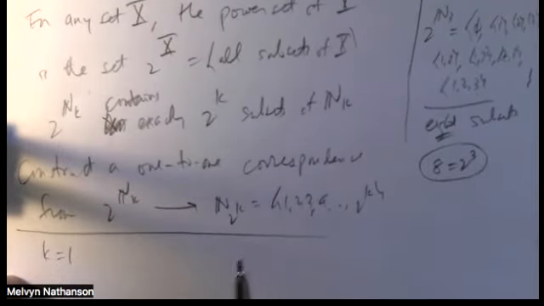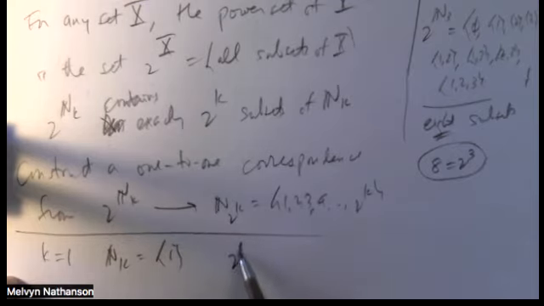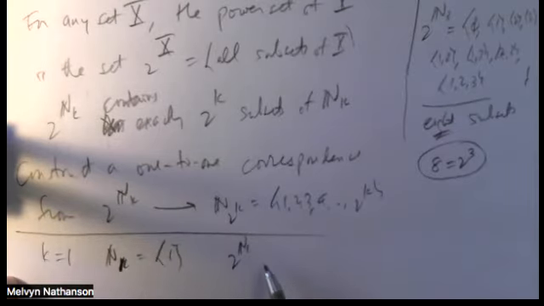So let's look at the very simplest example. We take k equal to 1. So nk is just this, consisting of the number 1, and 2 to the n sub 1. How many subsets are there?